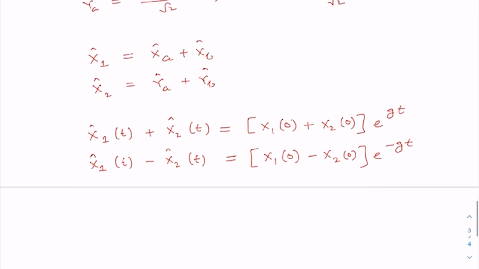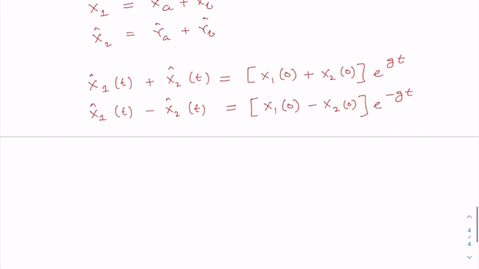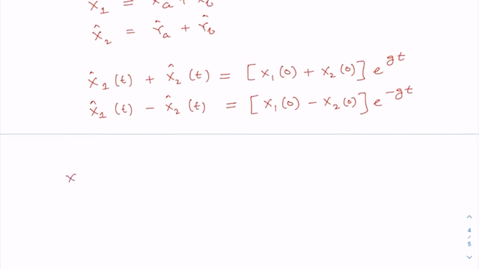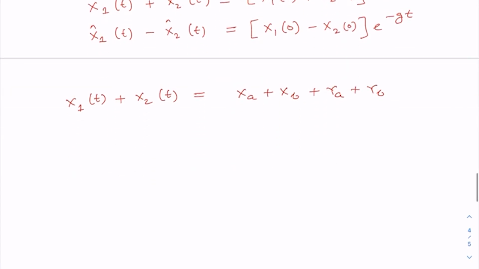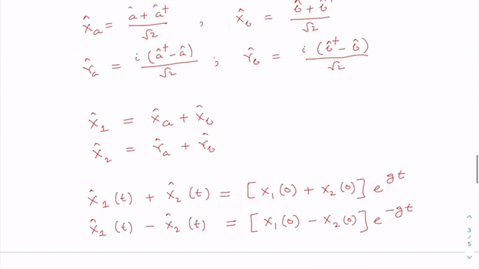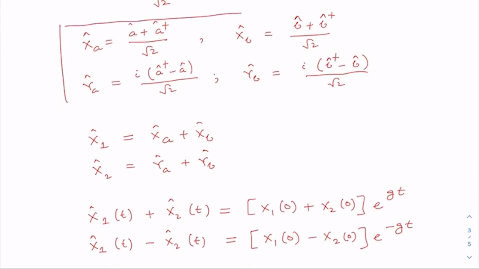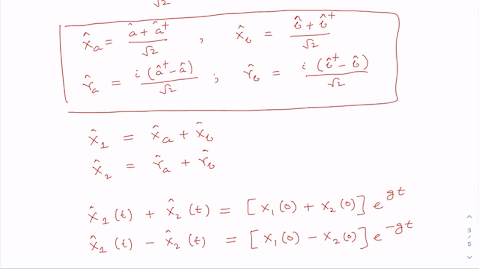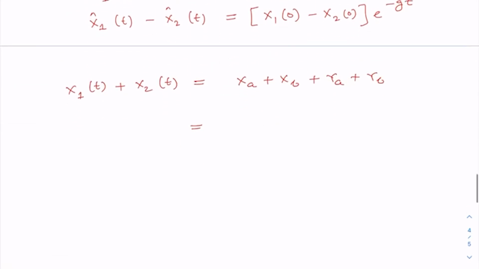Let me just give you an idea how to do that. You just need to do a bit of straightforward algebra, because you have x1 of t plus x2 of t. For example, you can write it as xa plus xb plus ya plus yb as per our definition, and then we can write all this in terms of the corresponding creation and annihilation operators. We just have to put it there.